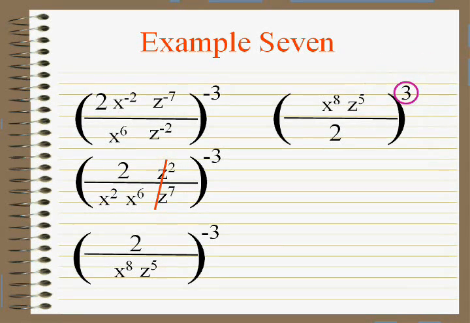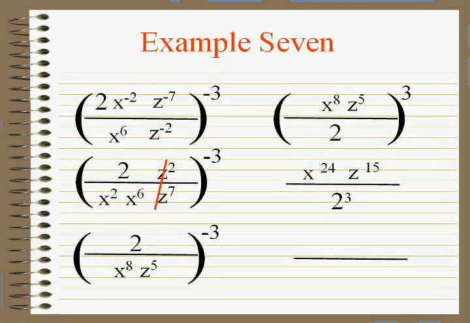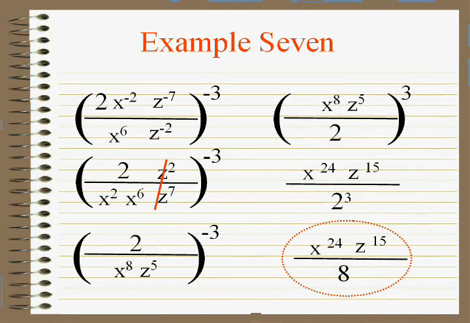Is that your final answer? No, I can raise them to the third power. 2 to the third, x to the 8th to the third, and z to the 5th to the third. And my answer will be, because 2 to the third is 8, it's not that bad.